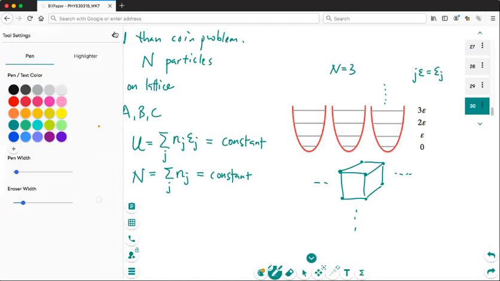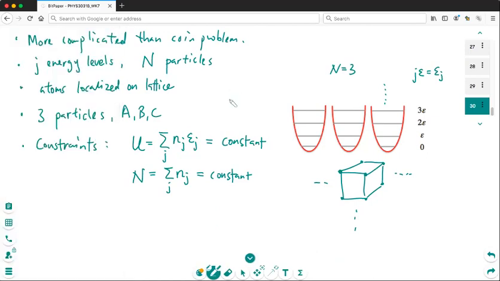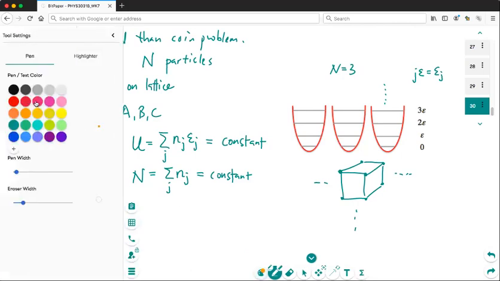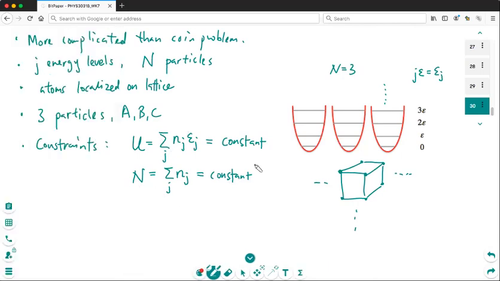Before we do that, I would like to gain some insight by doing something more artificial but easier to handle. For example, let's investigate a system which is small enough: 3 potential wells and 3 particles. I'm going to set it to 3 so you can write everything down. And to make your life easier, I'm going to set the total internal energy to 3.